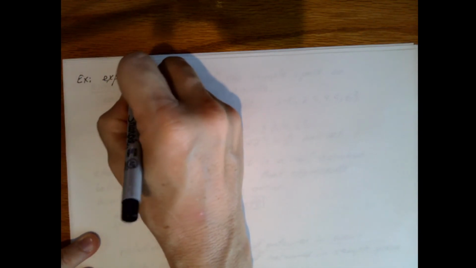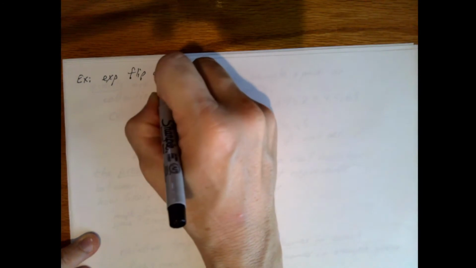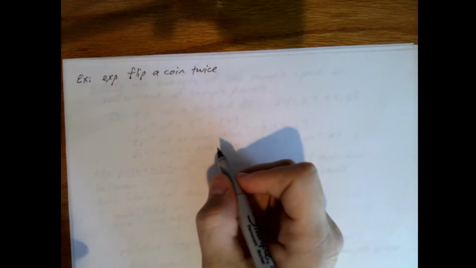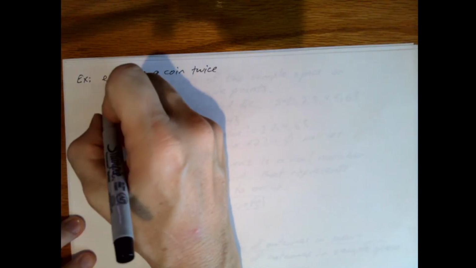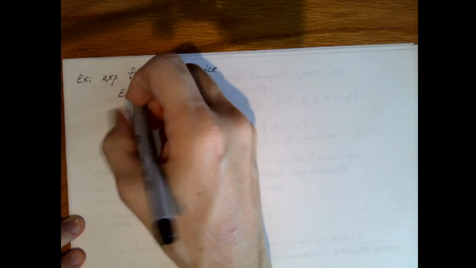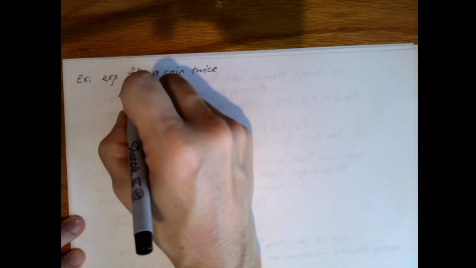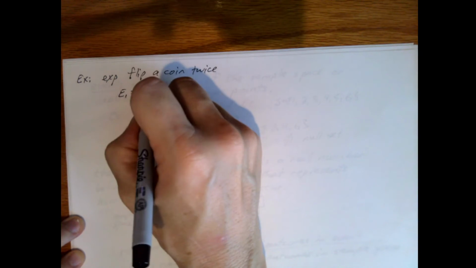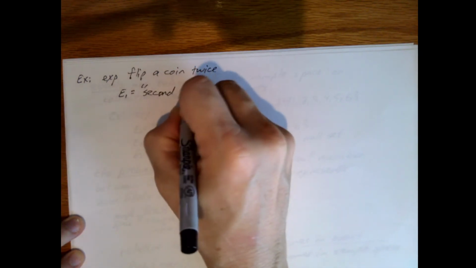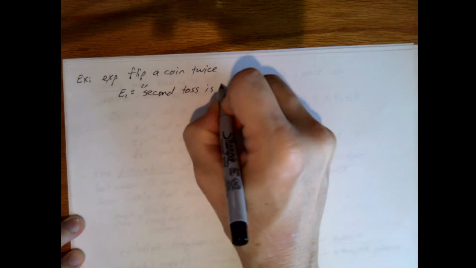So let's say that, for this example, our experiment is to flip a coin twice. Okay? And let's say we have two events. The first event here will be second toss is heads.